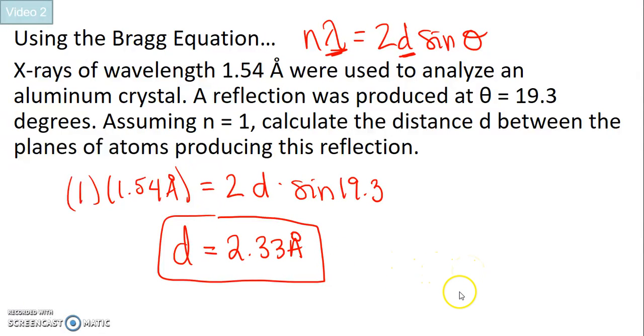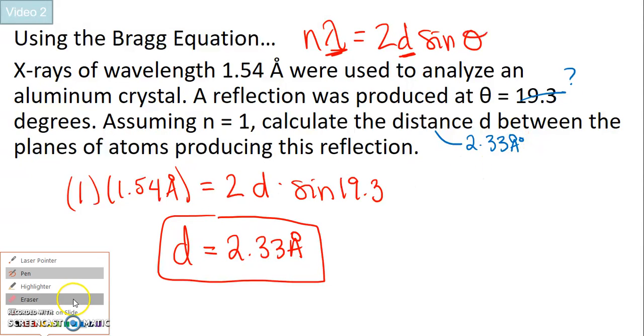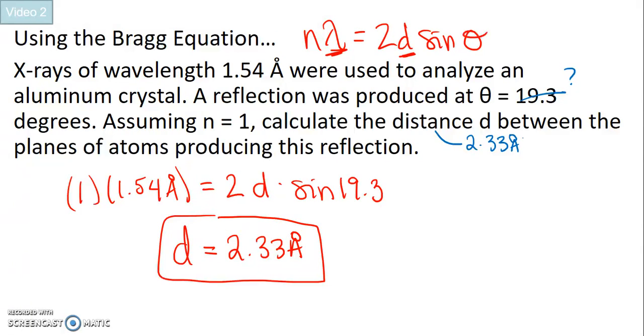Now remember, if I was going to change this question a little bit, let's say I didn't give you the angle and I told you that your distance was, let's just use the numbers that we already know, 2.33 angstroms between the aluminum crystal layers, but we want to know what the angle of incidence and reflection would be.